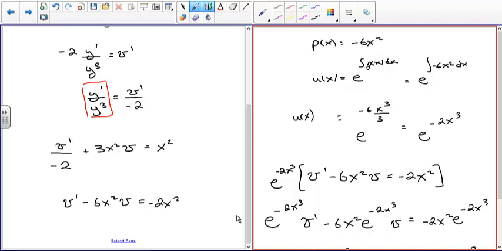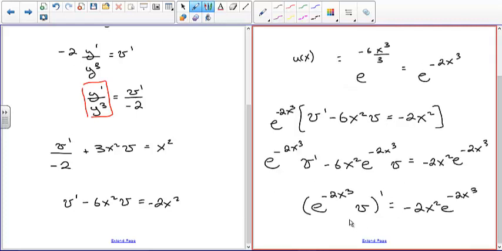You take that integrating factor and multiply the first order linear differential equation in standard form by it. If you do everything right, the derivative of this should equal that, which it does. So you can combine those two terms into a single product. We're using the opposite of the product rule here to combine those two. We multiplied the right-hand side by the integrating factor as well.